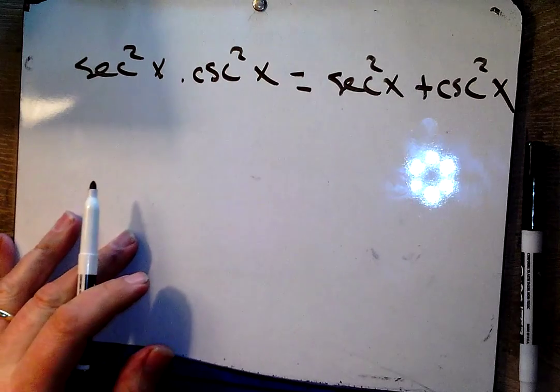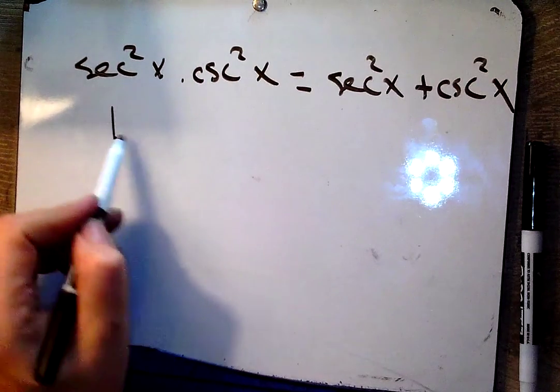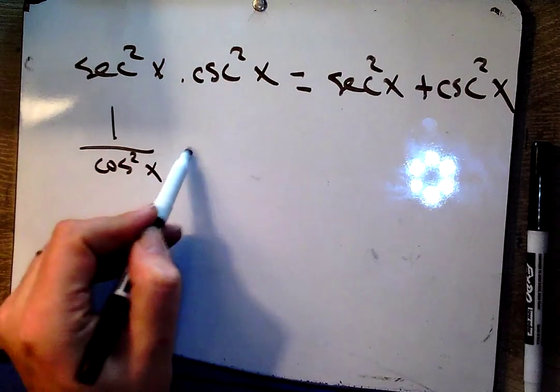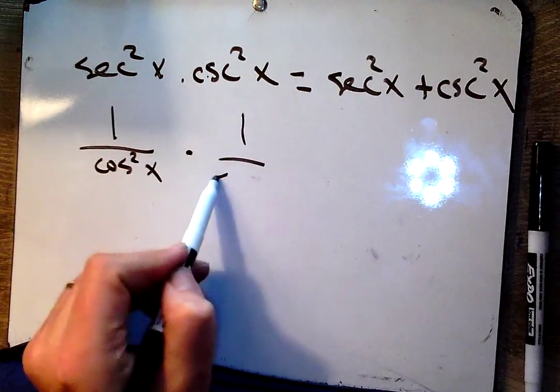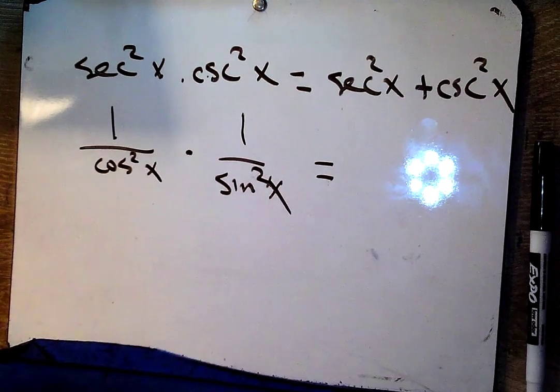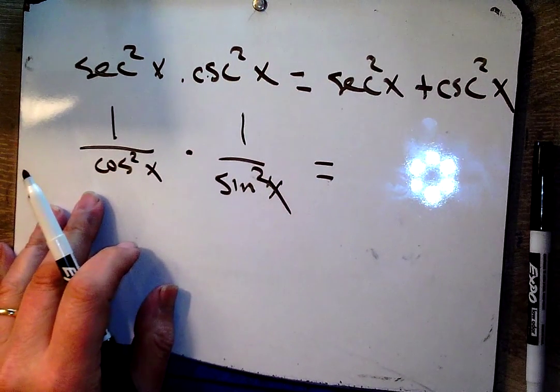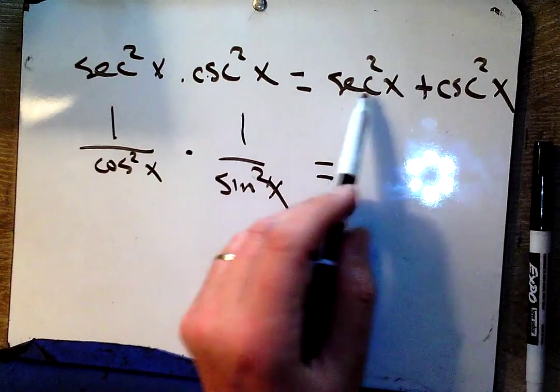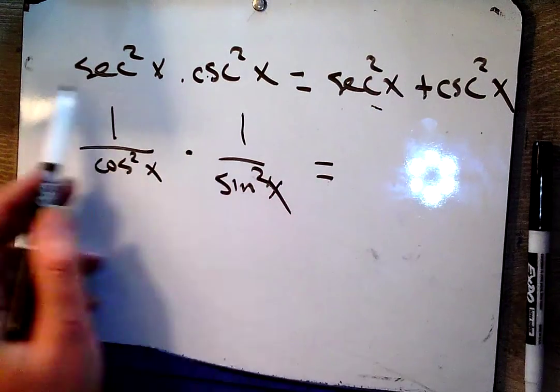Hi, welcome back, everyone. So secant squared, isn't that 1 over cosine squared? Times cosecant squared is 1 over sine squared. Is that helping me at all? No. Well, so here's the thing. I've got these 2 terms over here, and I've only got 1 here.